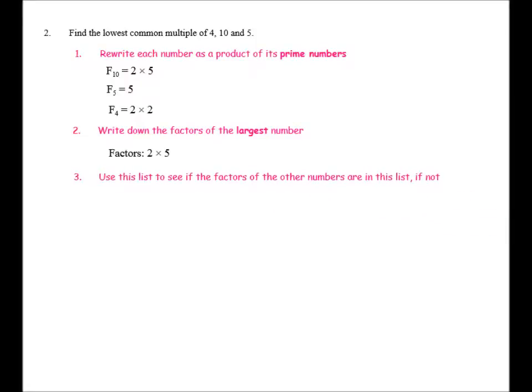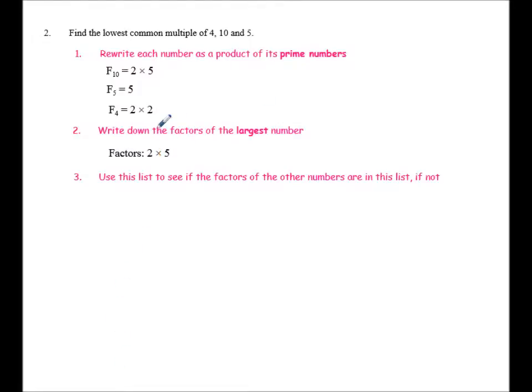What we now need to do is use this list to see if the factors of the other numbers are in this list. So let's go to that list and we can see if I multiply 2 times 5 will give me 10. So 10 is represented. I then go and have a look. 5 is represented.